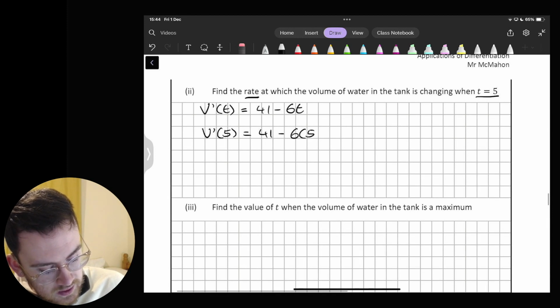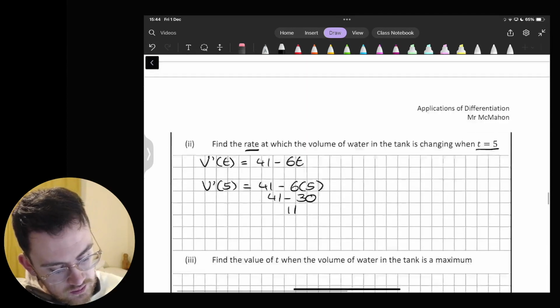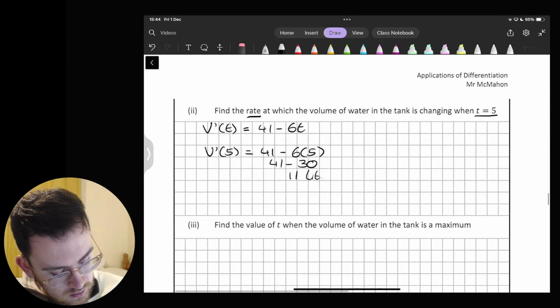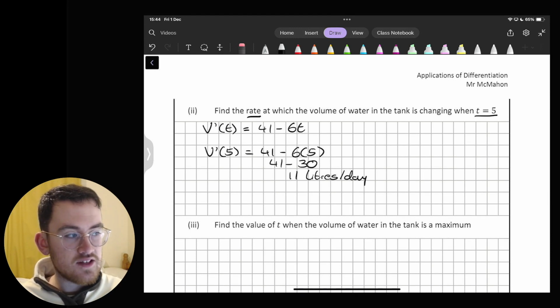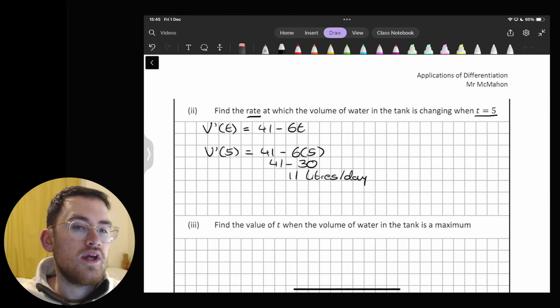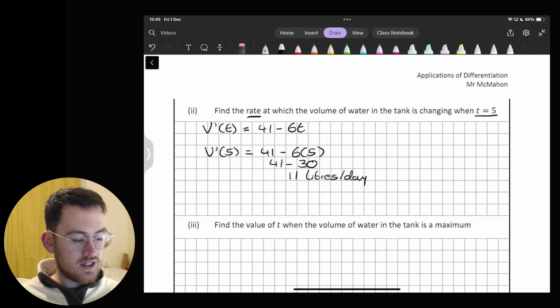So subbing in there, 41 minus 30 gives me 11. And what rate are we measuring everything in? Liters per day. Okay, after 5 days, or when t is 5, we are changing at a rate of 11 liters per day. Okay, the volume is changing at a rate of 11 liters per day.